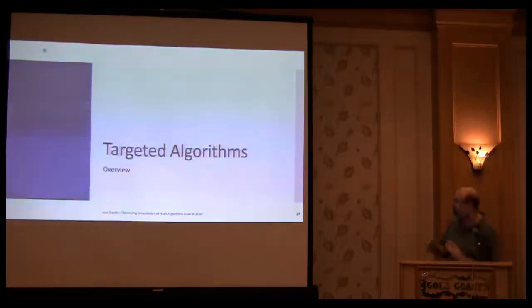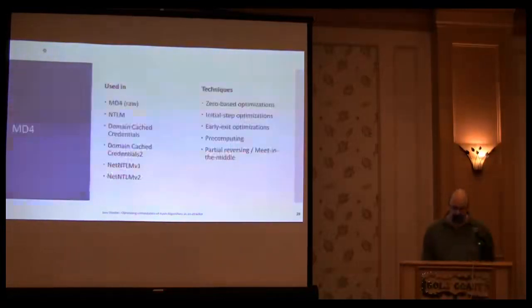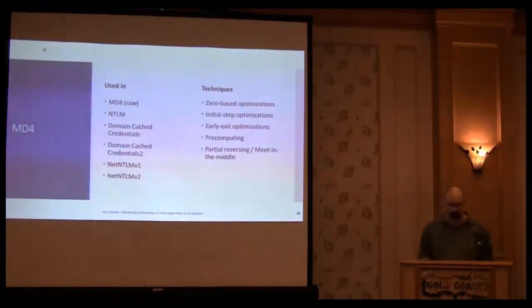So these are the general techniques, and now I show you some of the known algorithms and how these techniques can be used in these algorithms. For example, MD4, which is used in a lot of algorithms, can be used with nearly all of these optimizations.